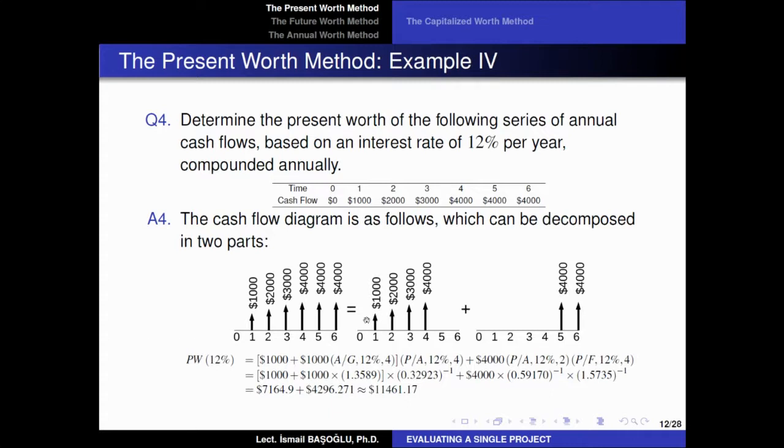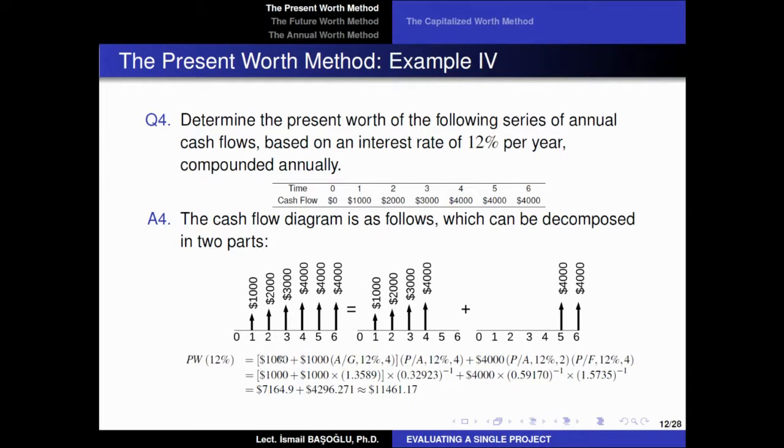First of all, we have a 4 years of gradient series of $1,000 gradient, which should be converted into a uniform series by multiplying it with the gradient series factor A over G under 12% interest rate for 4 years. So this evaluation here gives us the uniform counterpart of the gradient series that we have.